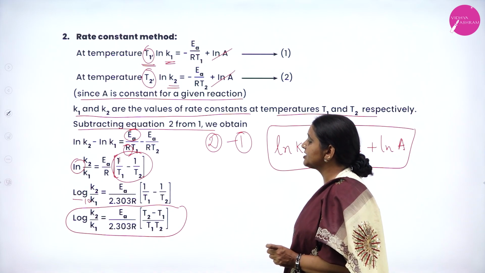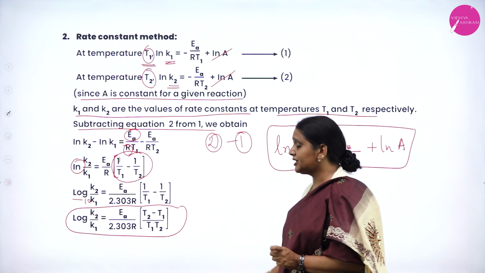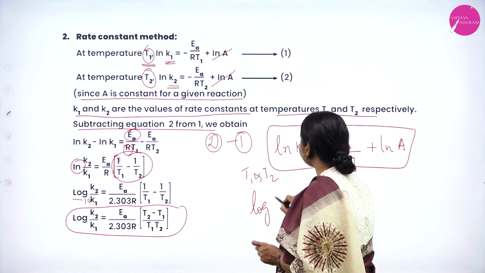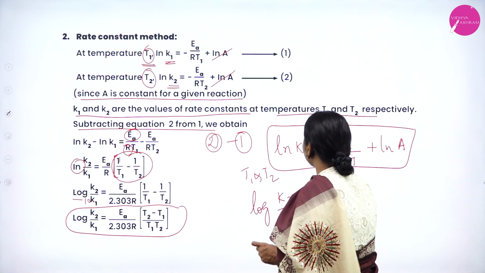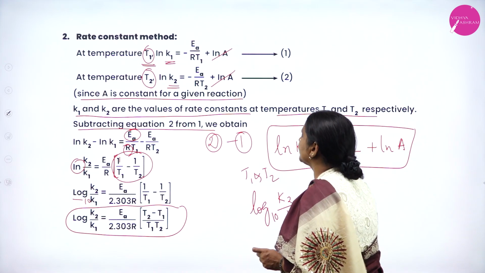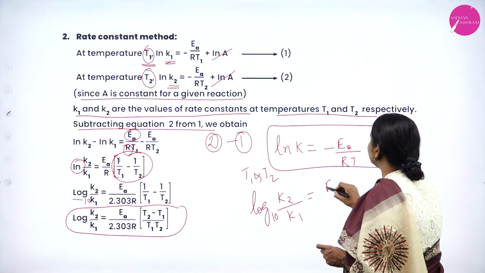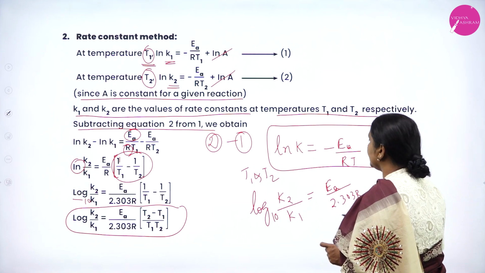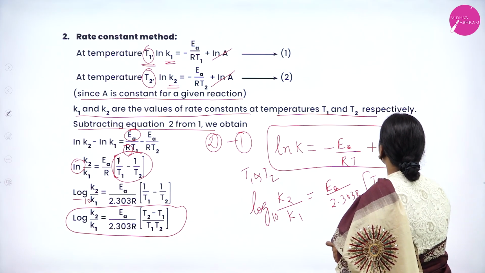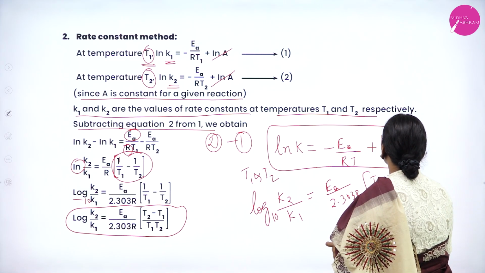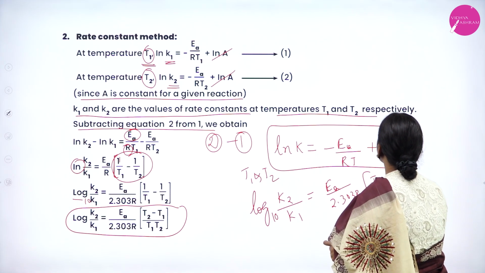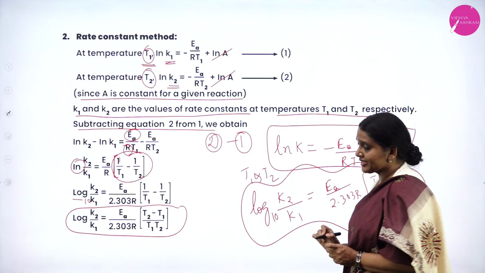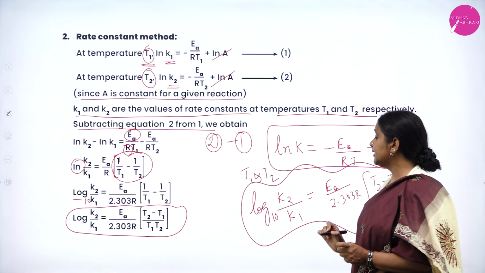The Arrhenius equation at two temperatures T1 and T2: log K2/K1 to the base 10 equals Ea/2.303R times (T2 minus T1) divided by T2 T1. This is the Arrhenius equation at two temperatures T1 and T2.